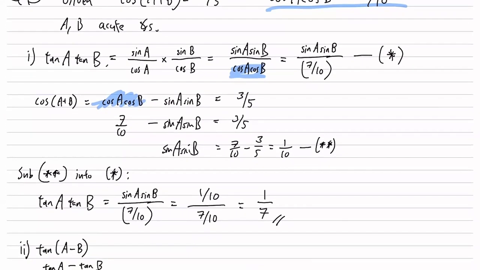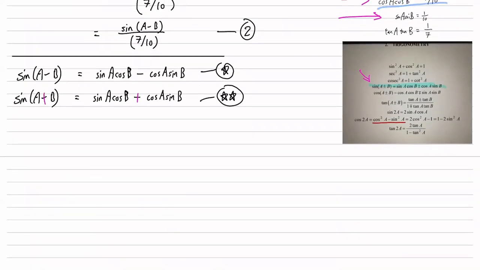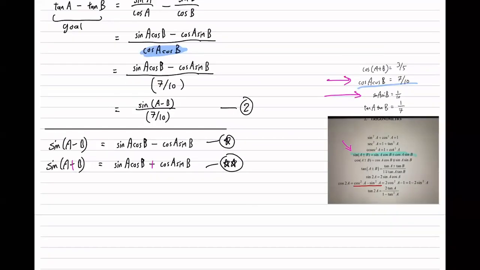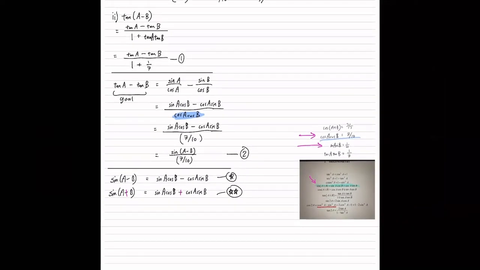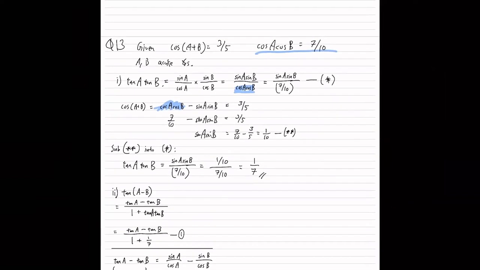Was I supposed to take cosine? Cosine of A minus B. Is it possible for us to find out what is cosine of A minus B?